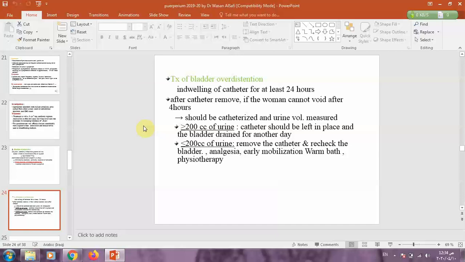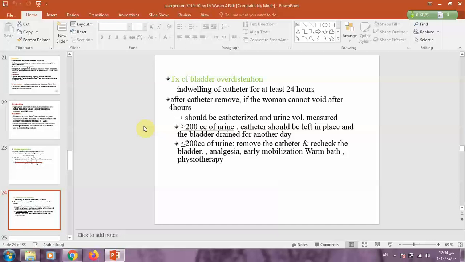For the treatment of this distension, we should put a catheter for the woman for 24 hours, and once we remove the catheter, if the woman cannot void, put it again and measure the urinary residual volume.